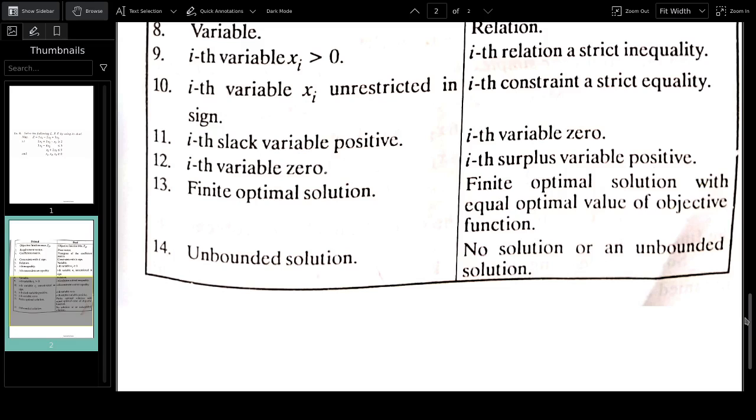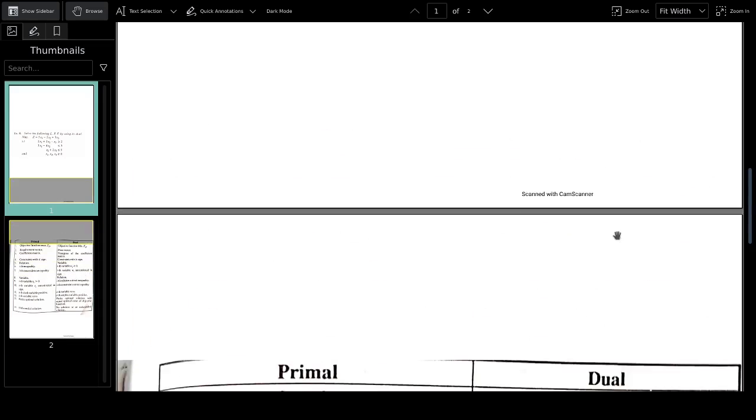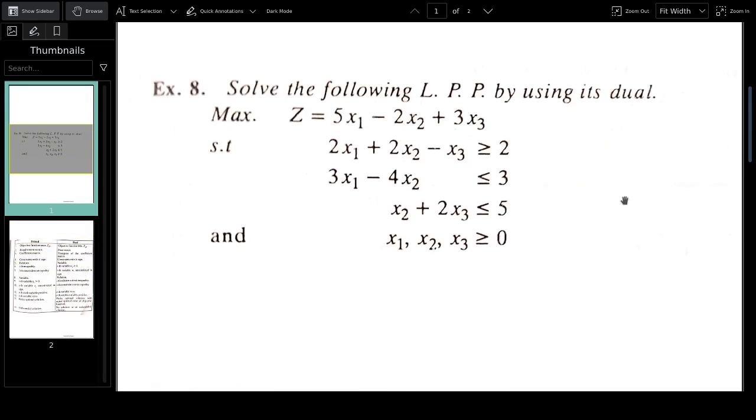And solve the following LPP, means linear programming problem, by using the dual. So maximize z equal to 5x1 minus 2x2 plus 3x3, such that 2x1 plus 2x2 minus x3 greater than or equal to 2, 3x1 minus 4x2 less than or equal to 3, and x2 plus 2x3 less than or equal to 5.